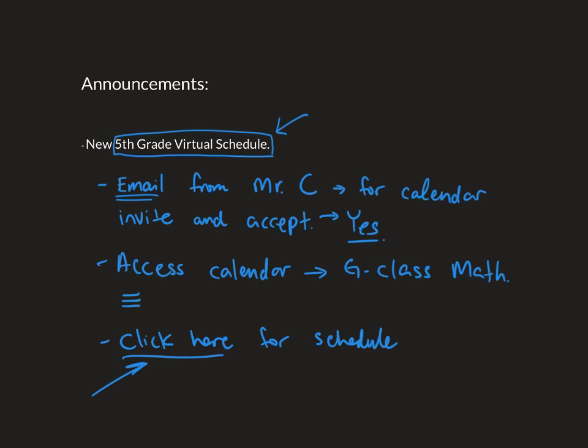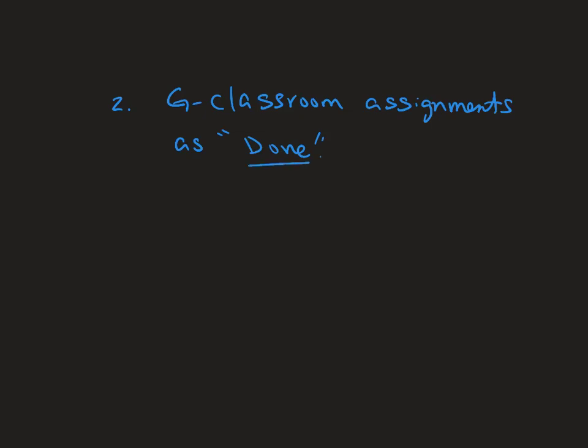The other thing I've been noticing, this is another update, and I know it's not technically math, but it's still important, is marking assignments on Google Classroom as done. This is number 2 on our announcements. What do you mean by that, Mr. C? Well, sometimes the Bears layer is not connected to Google Classroom in any real way.